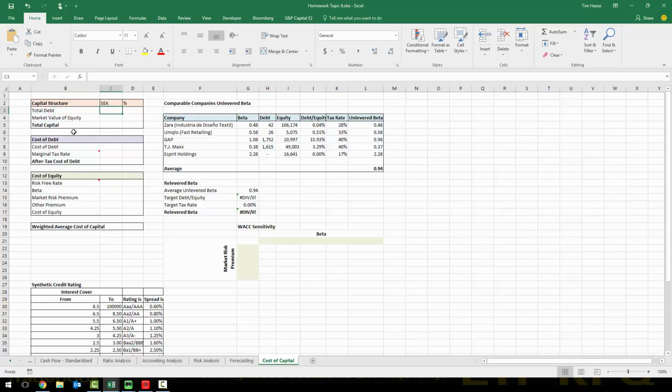So for H&M, we first need to get their debt level. In H&M's case, it's quite unique because they actually don't hold any form of debt. And you can see that in the balance sheet.